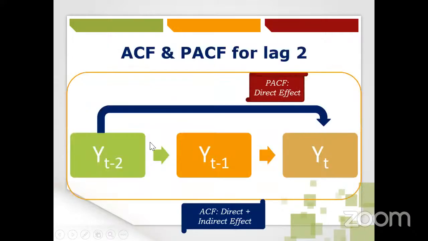So PAC talks about how much this affects this directly without getting the intermediate ones into the computation, while AC talks about both the direct and indirect effect, by t minus 2 affecting t minus 1, and then that affecting t as well.